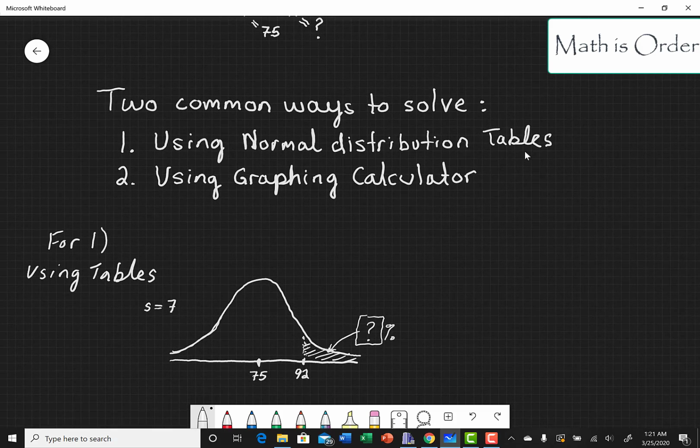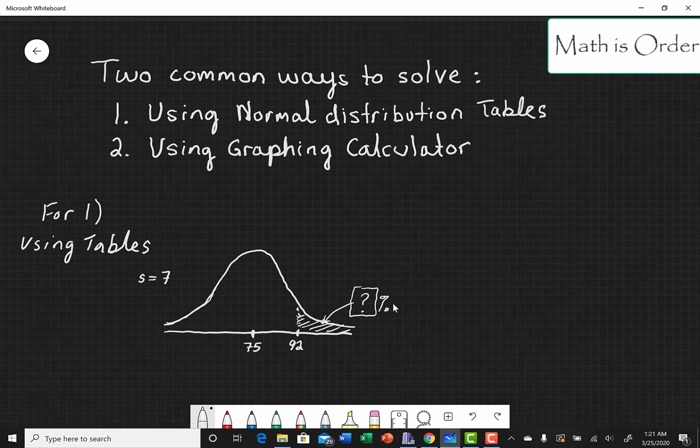For number one, we're going to use tables. Here's the question again in pictures. We're given a mean, a sample standard deviation, and a data value, the cutoff score for an A. We need to find this right area.